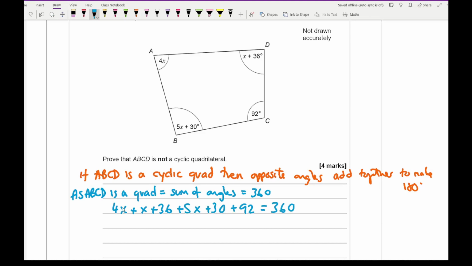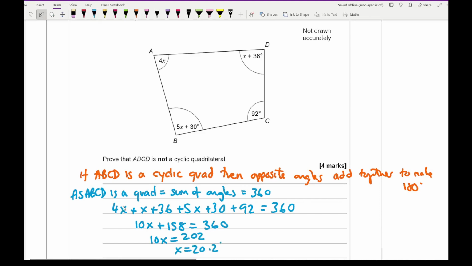Now, going on from this, we can then go on to solve this. So here I end up with 10x plus 158 equals 360. So then doing a bit of rearranging, 10x equals 202, so x equals 20.2.